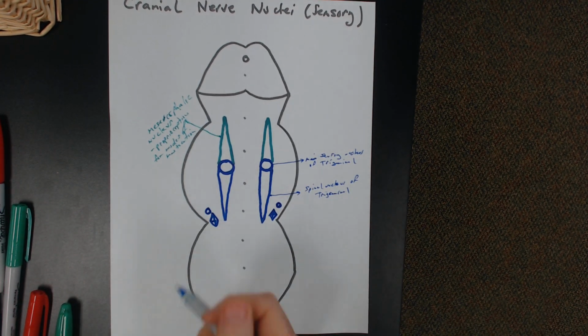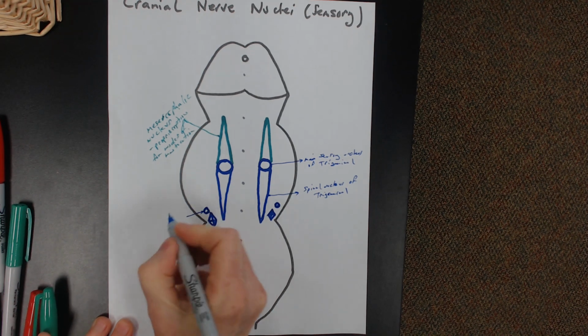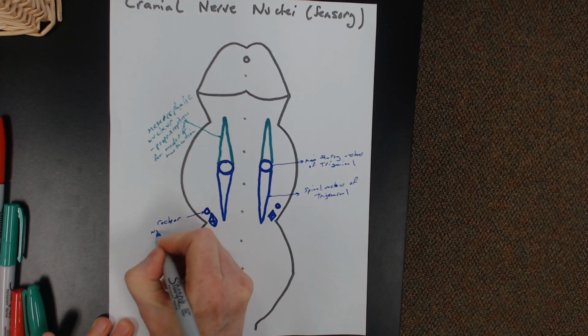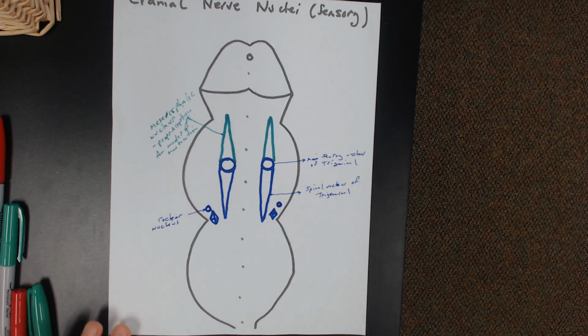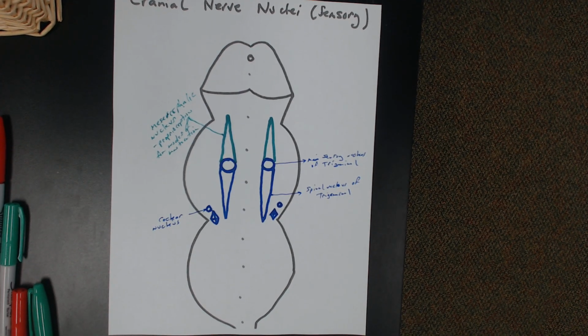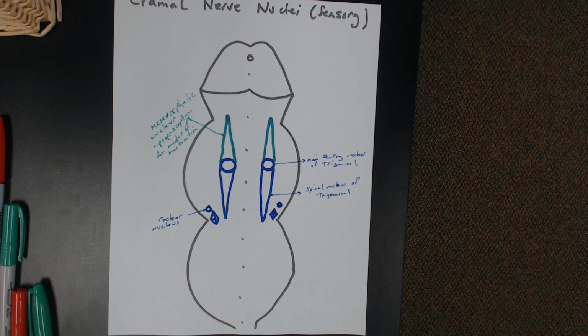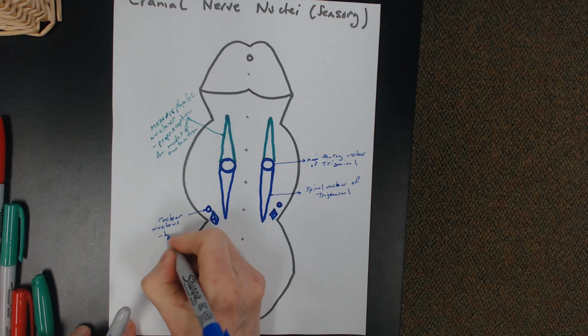Okay, this is going to be your cochlear nucleus. It's going to be responsible for hearing, for auditory sounds coming into the system, and we're going to cover the auditory system later on in the semester, just after the vestibular. Okay, so it's associated with hearing.